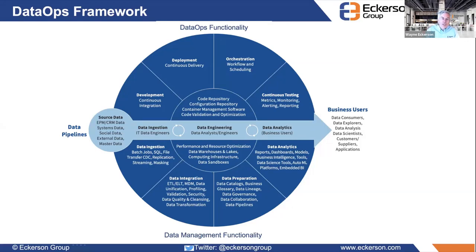So these different parts of DataOps consist of continuous integration and continuous delivery, sometimes known as CICD, when you put those two together. That enables data development teams to work as a team to build things in parallel. Orchestration, workflow, and scheduling: once a job is built, it's kicked off and all the different tools and jobs are executed automatically.